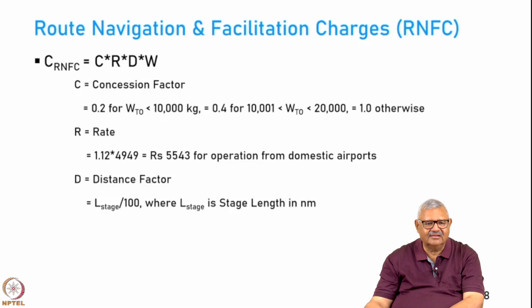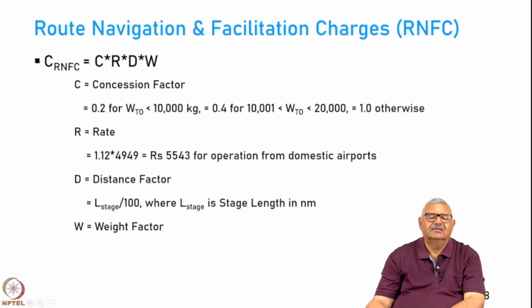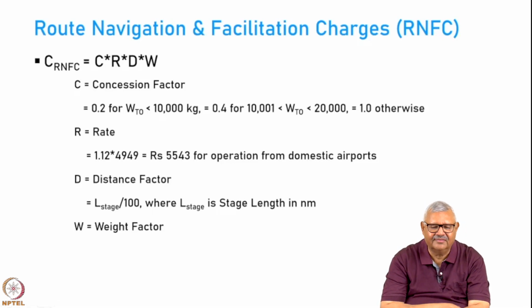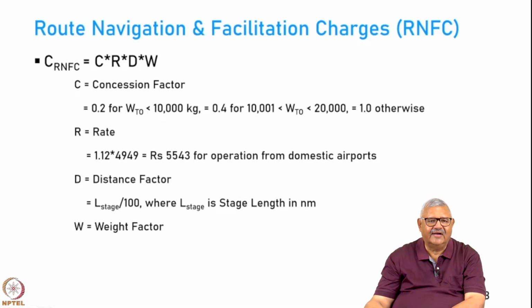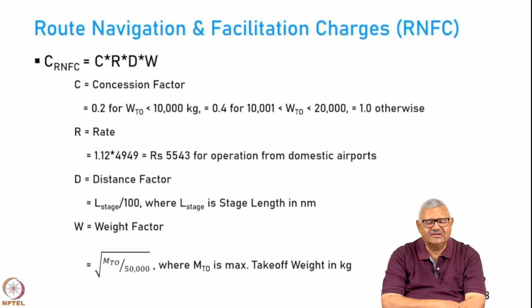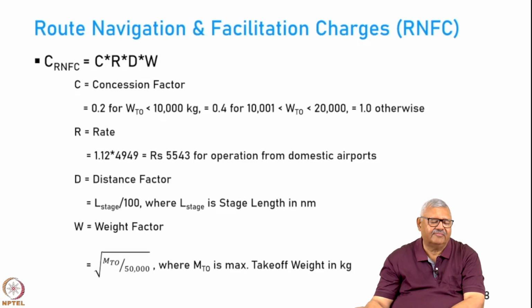The distance factor is basically L stage in nautical miles divided by 100. So, in our case the stage length is 250, therefore, it is 2.5, and finally, we have the weight factor, which is the root of MTOW upon 50,000, where MTOW is the max takeoff weight in kg. For us it is 6200 kg.